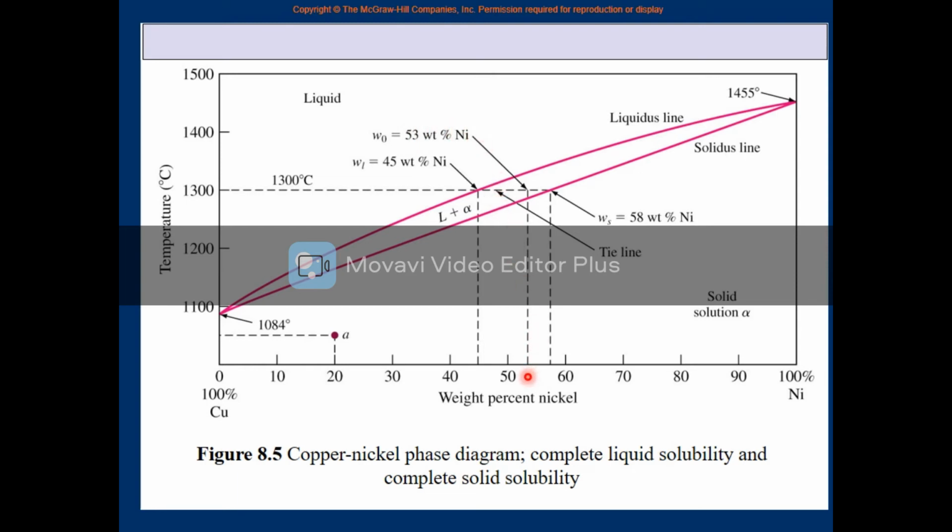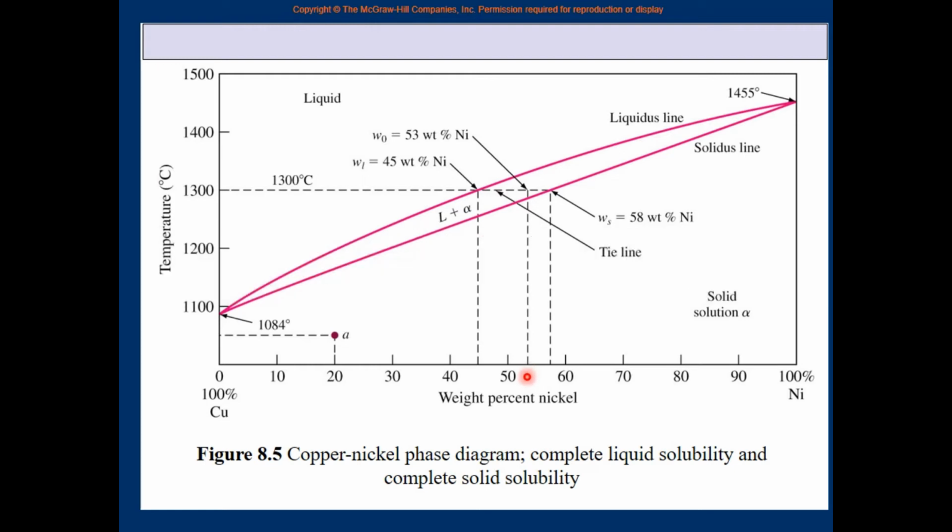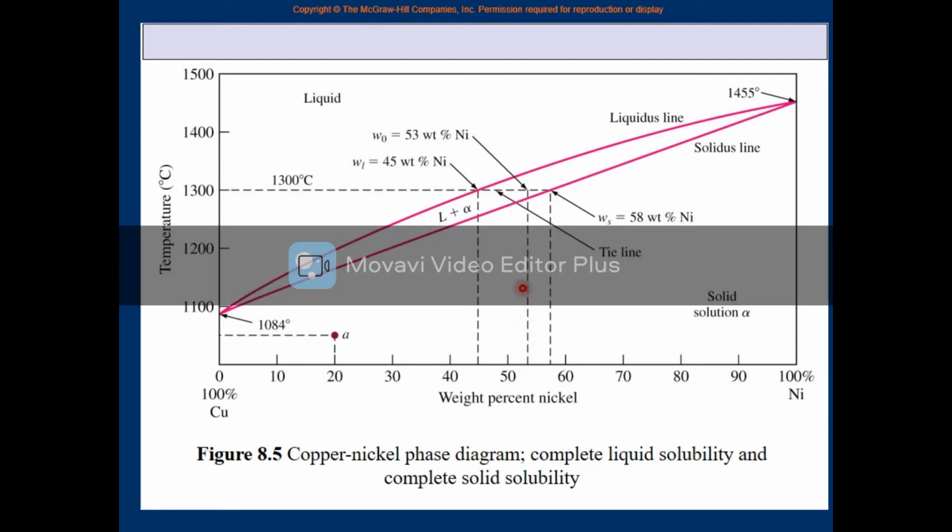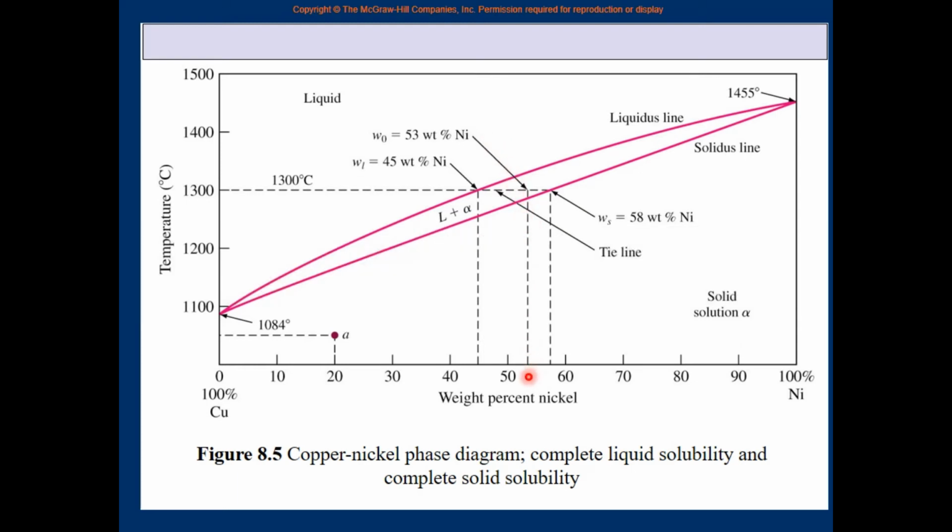Suppose we have taken 53 grams of nickel, which means 47 grams of copper. We have mixed them together and heated them until they become liquid, right? So again, remember, 53 weight % nickel is our original composition.